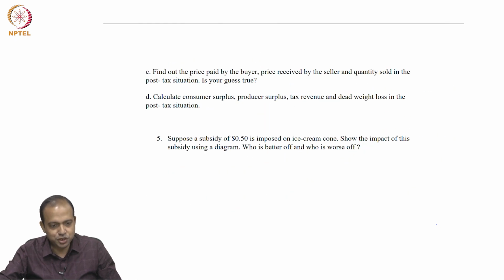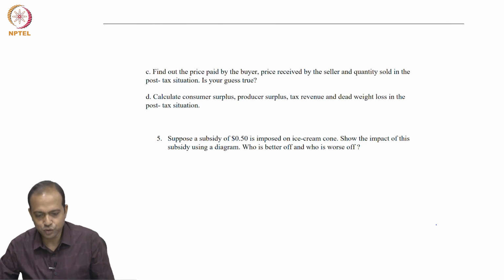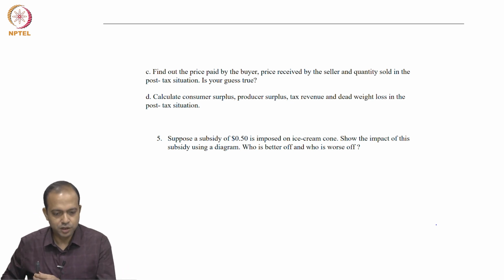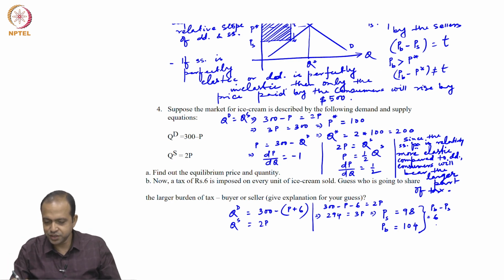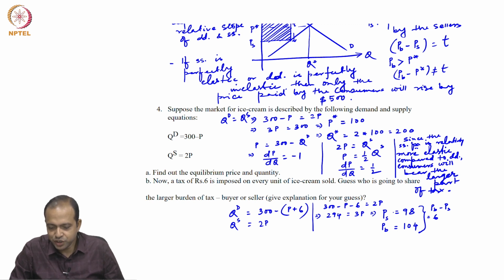So, the next question is then find out the price paid by the buyer, received by the seller, and quantity sold in the post tax situation. So, when we have found out PB and PS, what should be the quantity sold in the market?